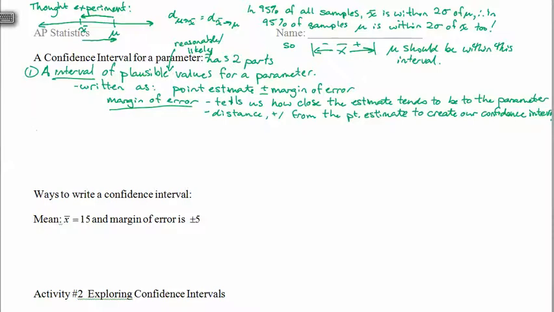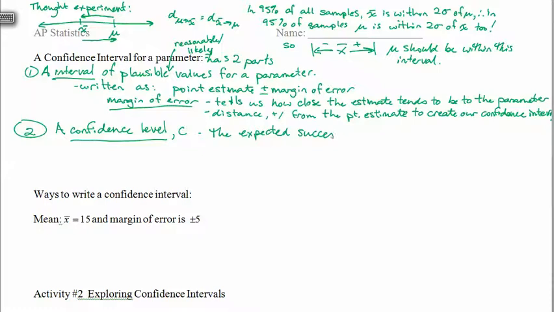And the second part is a confidence level. A confidence level, which we can call C, is the expected success rate for intervals calculated using this method.